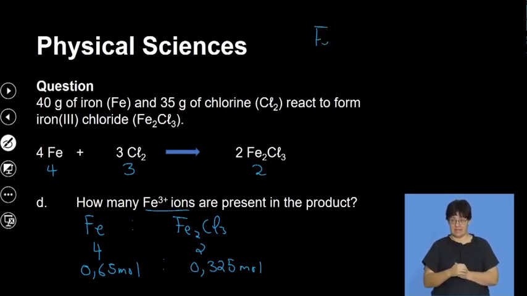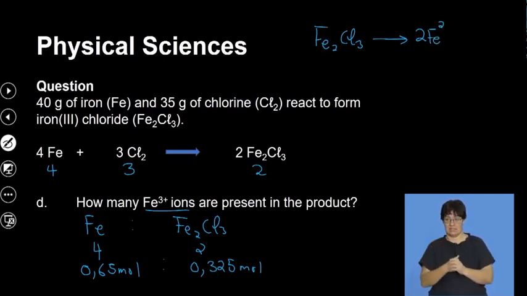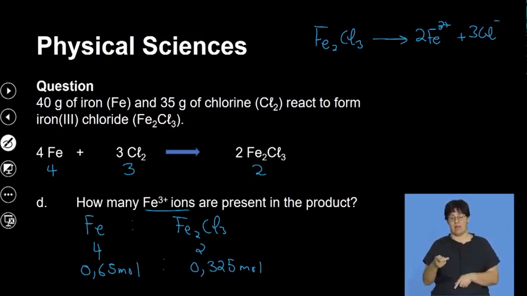We have Fe2Cl3, so in terms of ions, it will be 2Fe3+ and 3Cl-. So for every mole of iron(III) chloride, there is double the number of moles of iron.